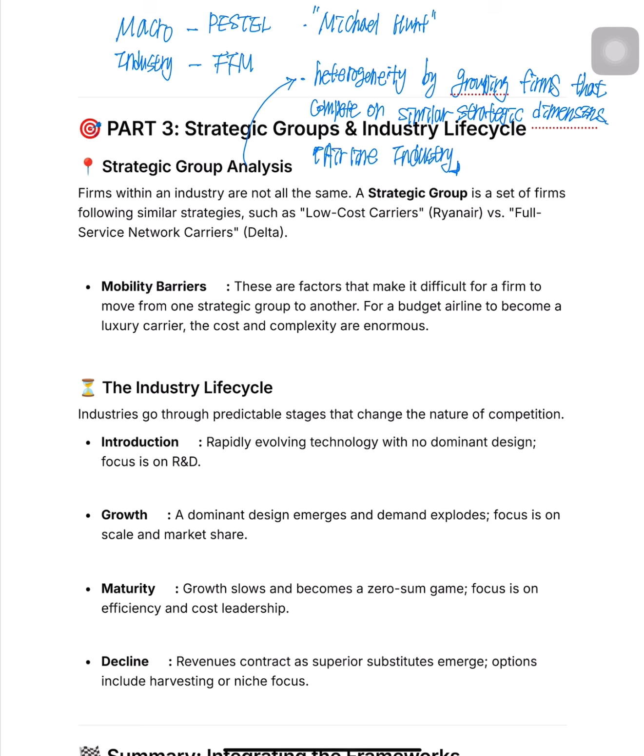The first is the full service network carriers, companies like Delta, Korean Air, British Airways, Lufthansa.